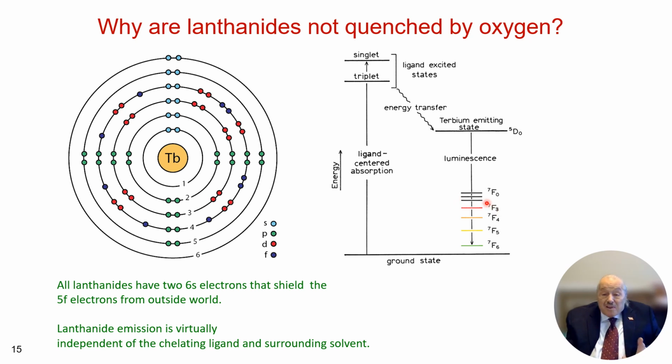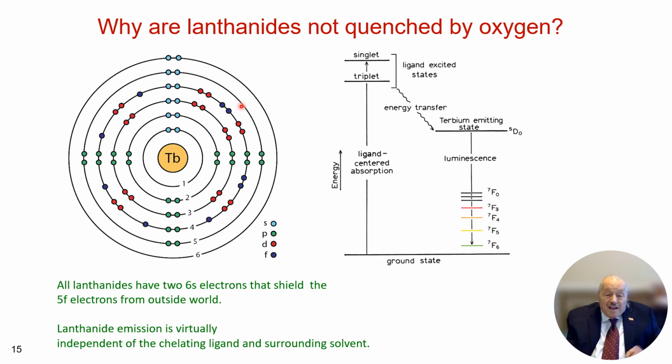So why are the lanthanides not quenched by oxygen? This was a mystery to me for a long time, and I finally read closely enough to figure out why. That's because all of the luminescence and absorption of these probes, the sensitized absorption, is at a lower level than the outer level s electrons.